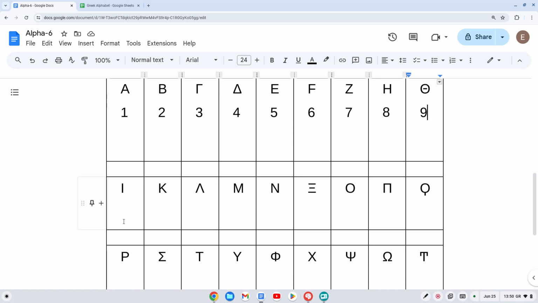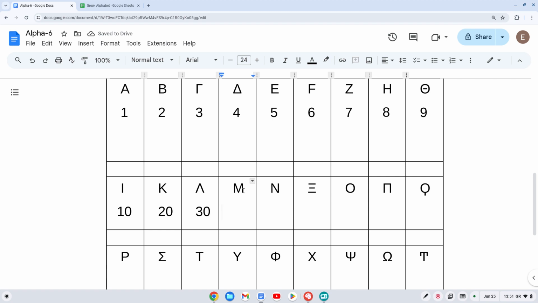And now, after theta, you have iota, and they gave that number 10. All right, that makes sense. Then kappa, they gave that number 20. Lambda, 30.